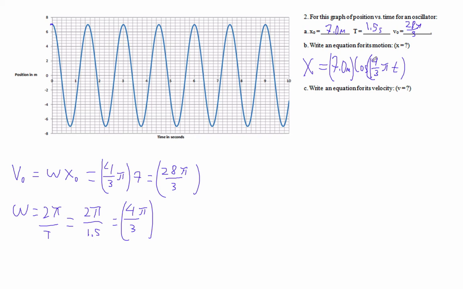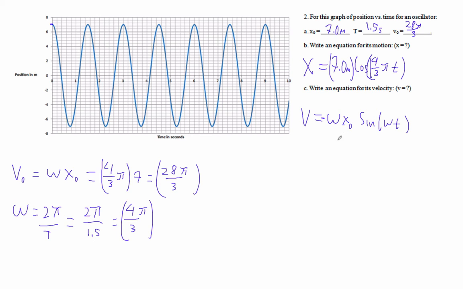Okay. And now, if this is cosine, then the velocity is negative sine. So let's do that. V is omega x naught, the opposite of that, sine omega t. Now, take a look at this.